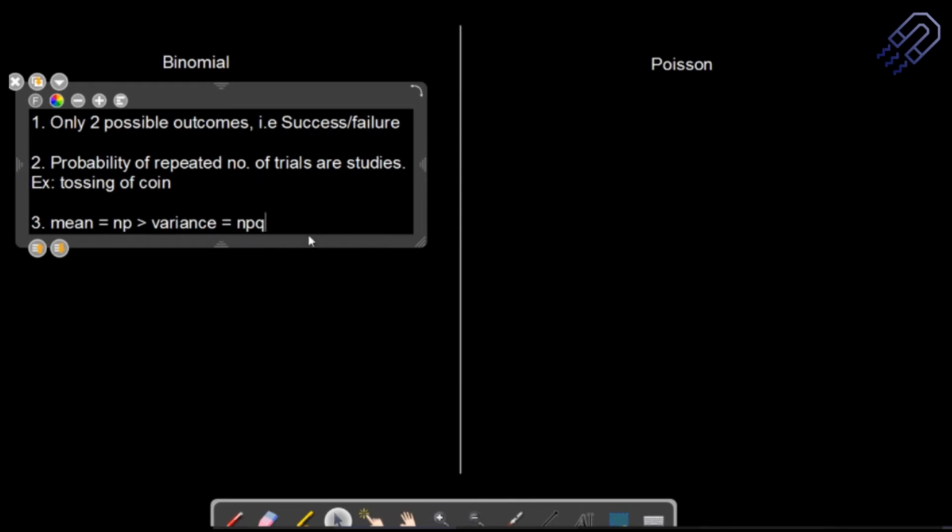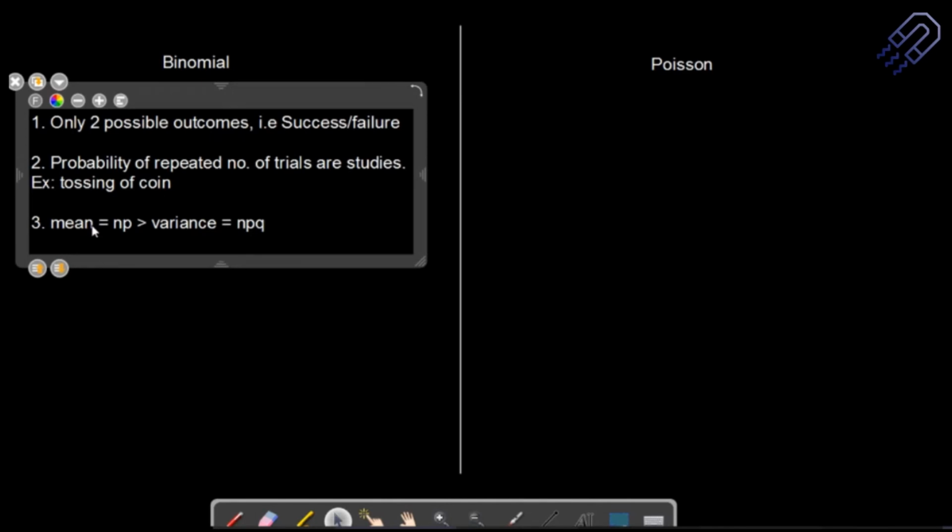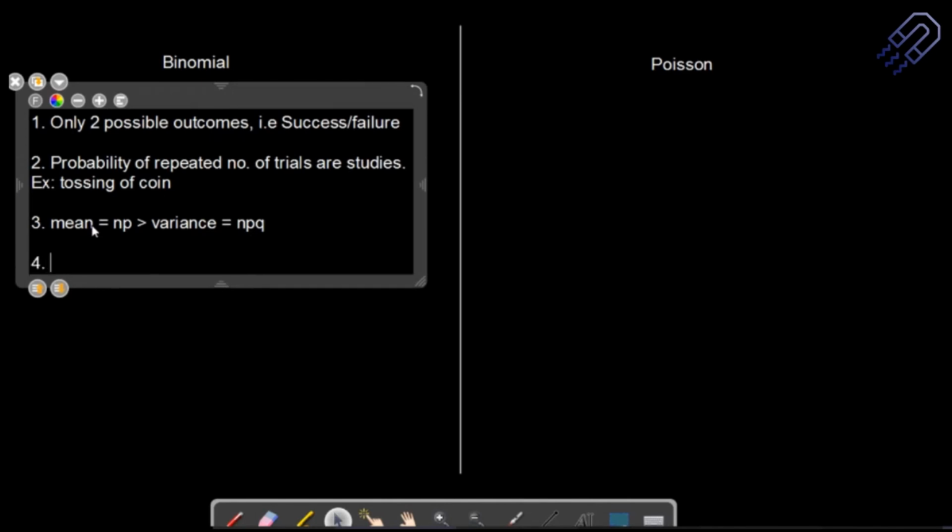I hope you understand this, because you know n into p, probability of success, and q is 1 minus probability of success. So you're going to get a value of q which is also less than 1. Multiply a value with something less than 1, you're obviously going to get a smaller value. So mean will always be greater than variance. You can put in the values and check. And then there is a constant probability of success here.